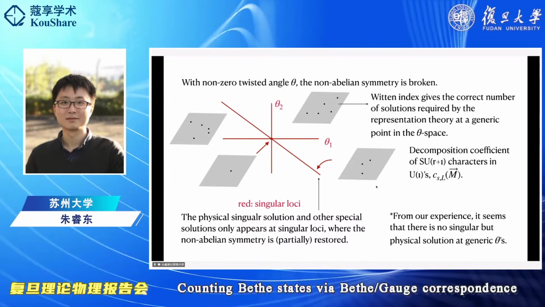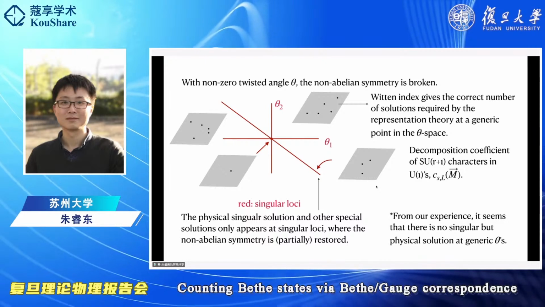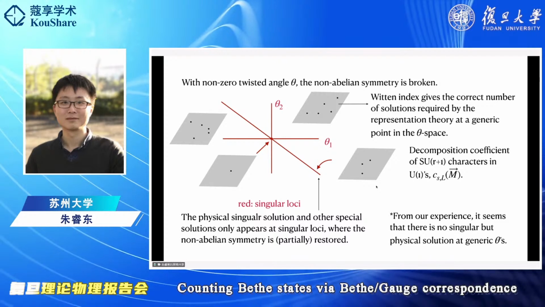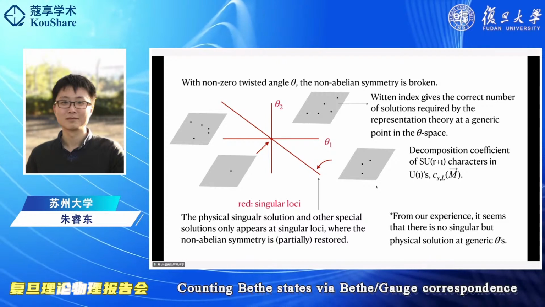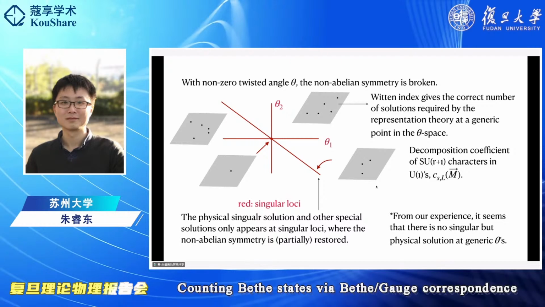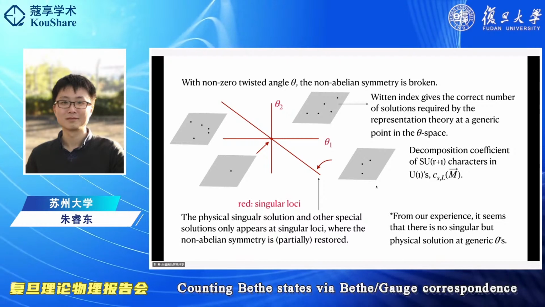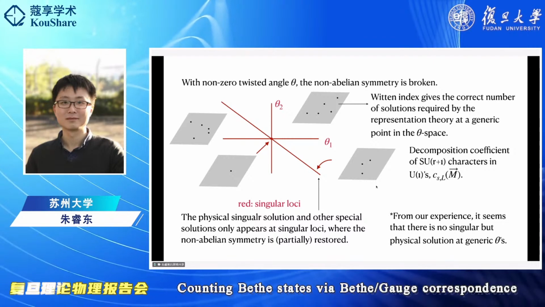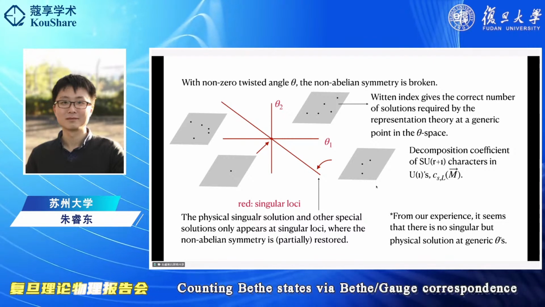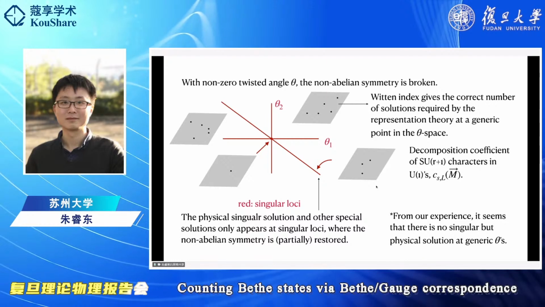So at a generic point of theta, the non-abelian symmetry of SU(N) is broken to a lot of U(1)s.